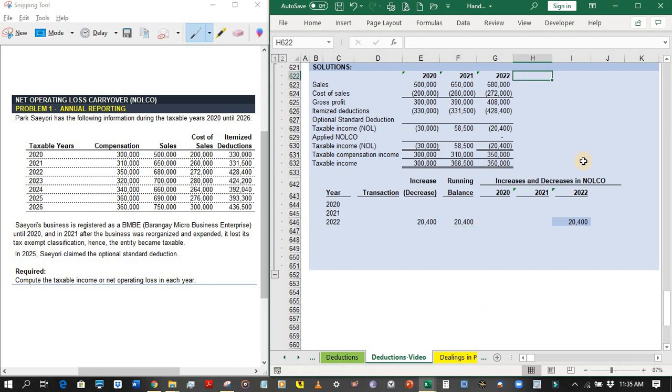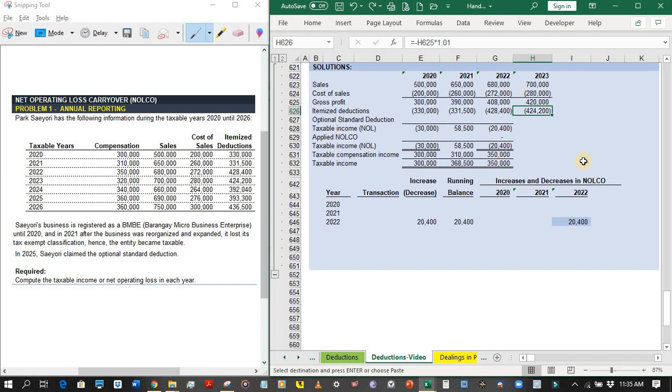So now let's compute the taxable income in 2023. So starting with sales of 700,000 pesos, cost of sales of 280,000 pesos. So we have a gross profit of 420,000 pesos. Then let us deduct itemized deductions of 424,200 pesos. So this time again, we have an itemized deduction that is greater than the gross business income.